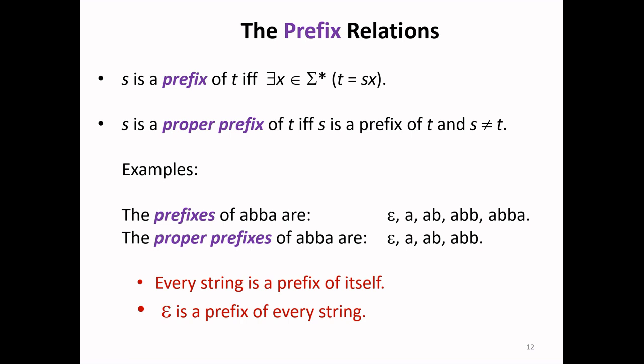So these are the four possible proper prefixes of the string ABBA. Note that every string is a prefix of itself and epsilon is a prefix of every string.